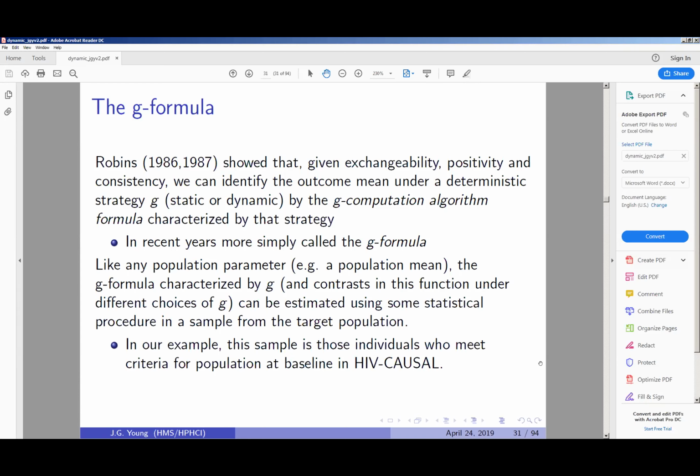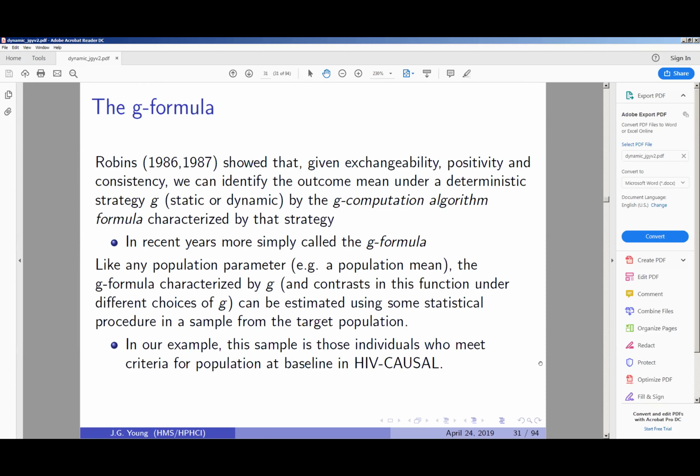So the G formula we can understand as really a population parameter. Just like you learned about in your intro statistics classes, a population mean difference might be a parameter that you might consider different ways of estimating, or a population variance, or any type of population parameter.